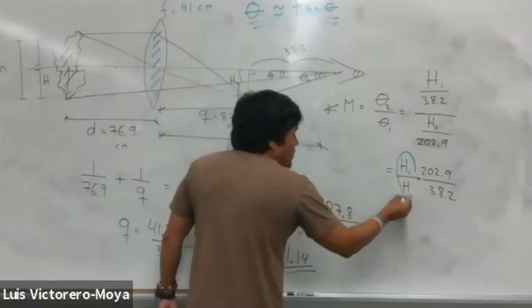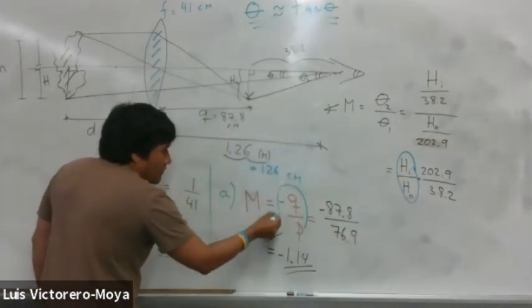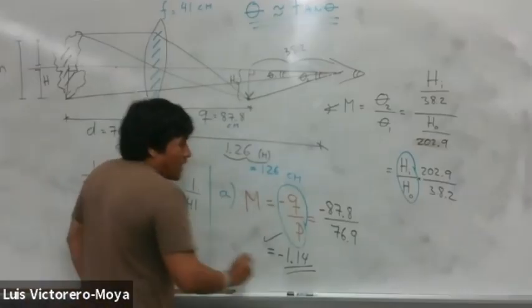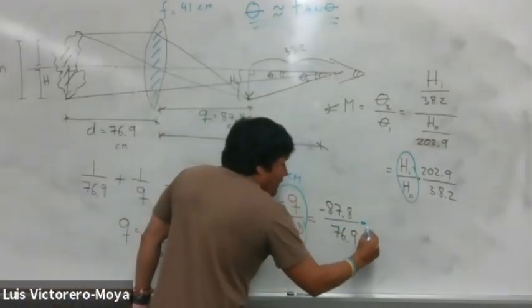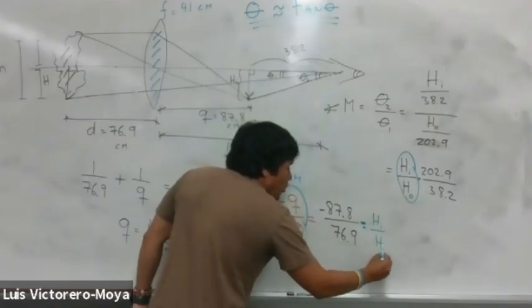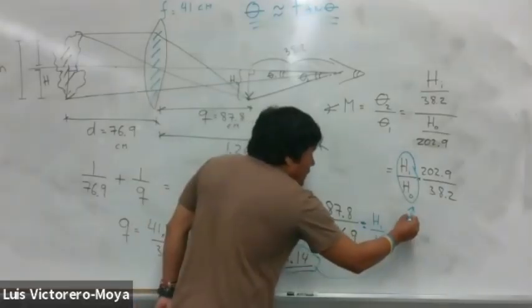The height of the image over the height of the object. Right? If you remember, magnification is also what? Hi over ho. So this is that fraction there.